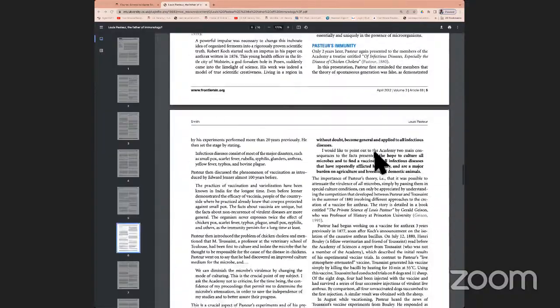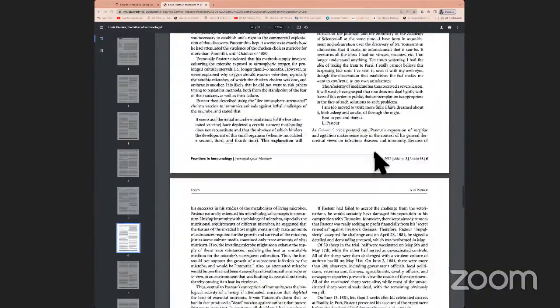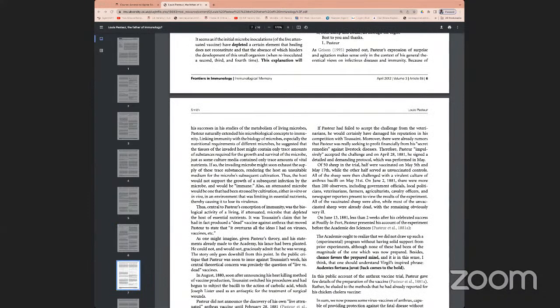And that is where he's credited with these important developments which have led to the concept of what we get to see as modern.